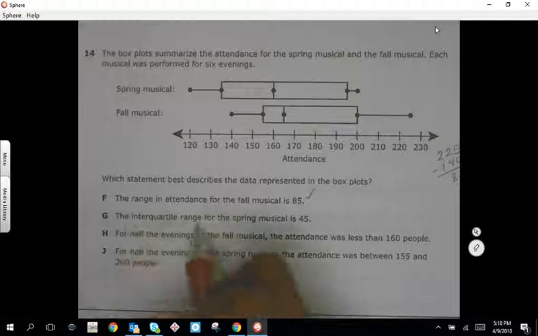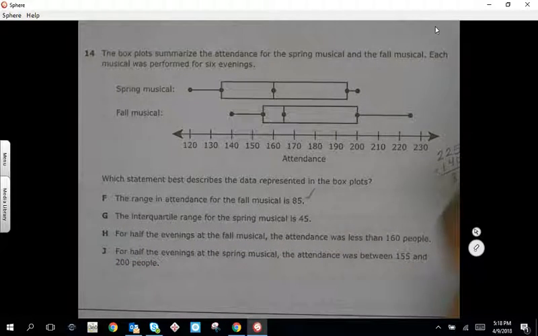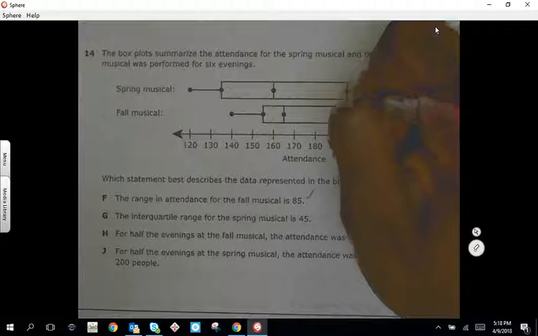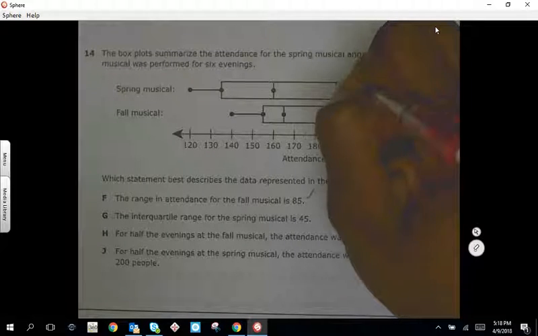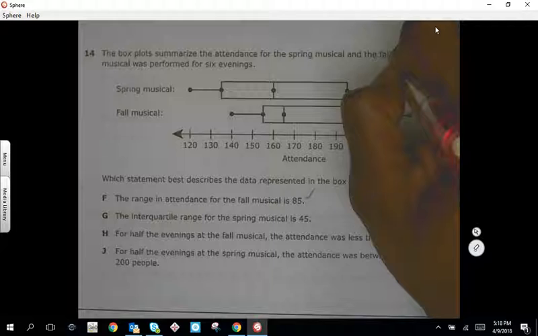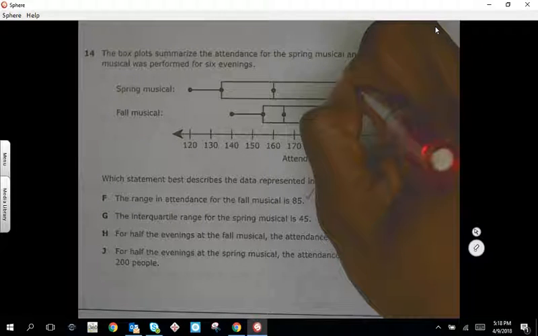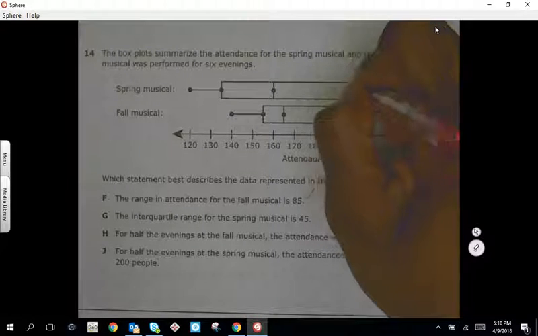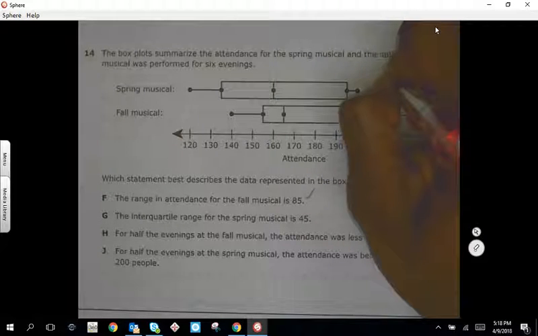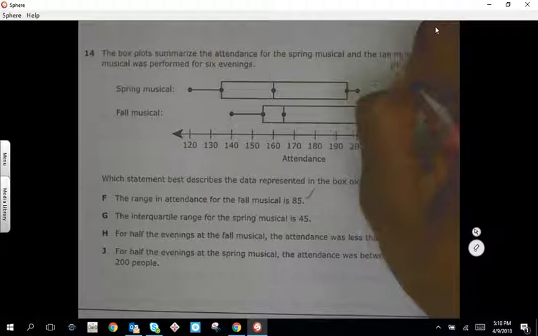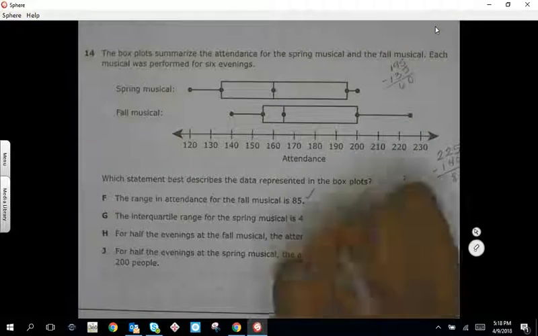The interquartile range for the spring musical is 45. So this is 195. Because remember, it's the third quartile minus the first. 195 minus 135. That is 60. So this is not right.